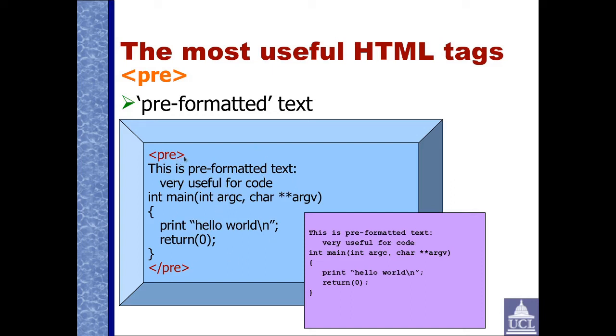By using the pre tag, you will get a typewriter type font like Courier, and the layout will be exactly as it appeared here. So that's useful for things like code, things like sequences, anything like that that you wanted to display on a page, and you wanted to have that mono-spaced font, and you wanted to be able to put in line breaks.